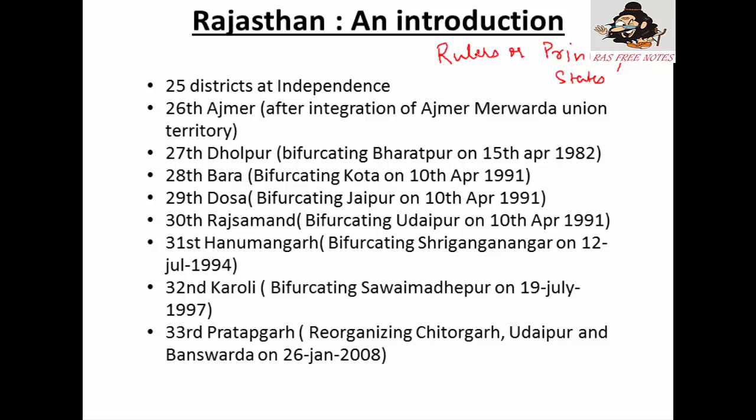Here we are just considering the number of districts. At the time of independence, there were 25 districts. The 26th was Ajmer. The 27th was Dholpur, bifurcated from Bharatpur district into Dholpur and Bharatpur.